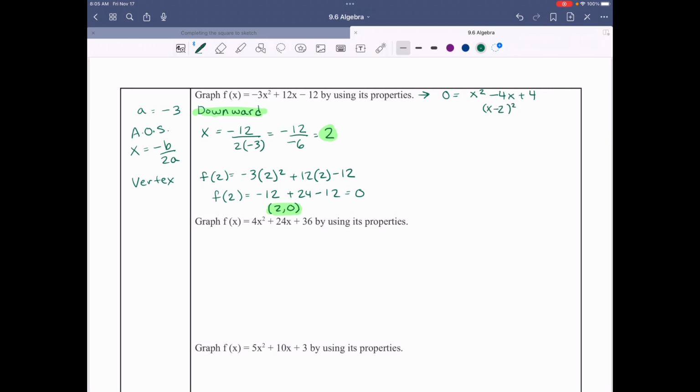It's a perfect square trinomial. So when f of x is 0, x would have to equal 2, using the zero product rule. But we already had x equals 2. That was our axis of symmetry. So the only x-intercept is (2, 0).